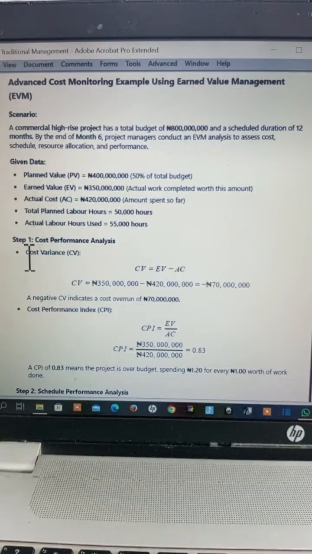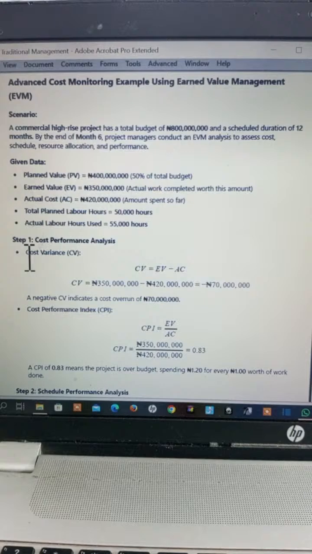So now, our cost variance, CV, if you substitute, you have EV, your earned value, at 350 million, and you subtract AC, which is 420 million. You can see that you're already on a deficit.